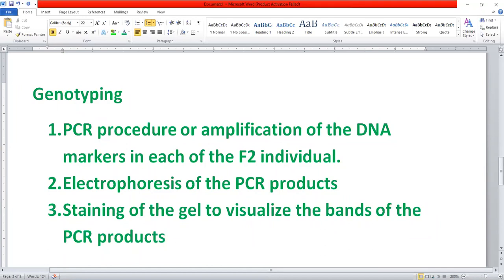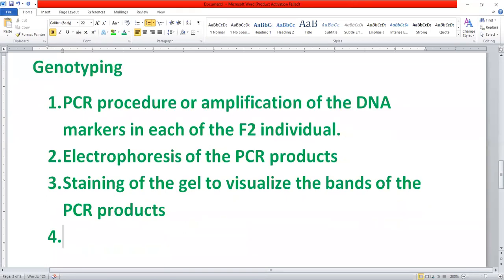The bands can be recorded against a DNA ladder. So this size ladder can be compared to record the sizes of the DNA bands. In this way, the genotype data is recorded.